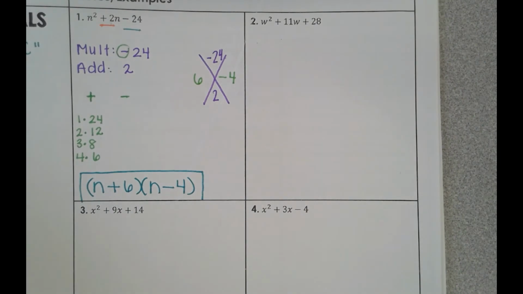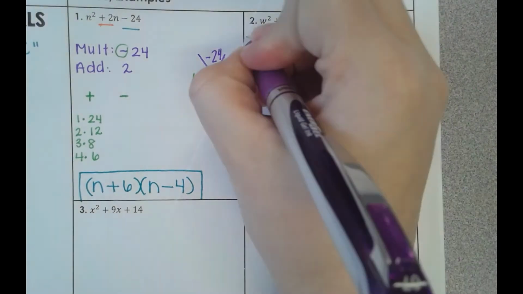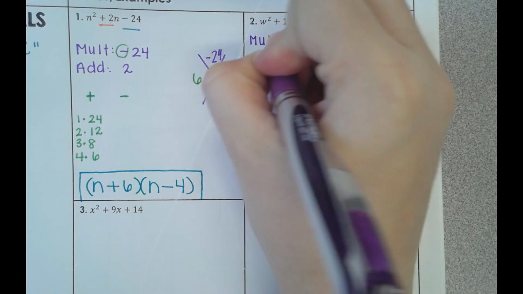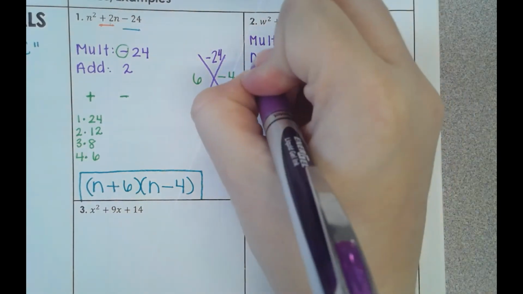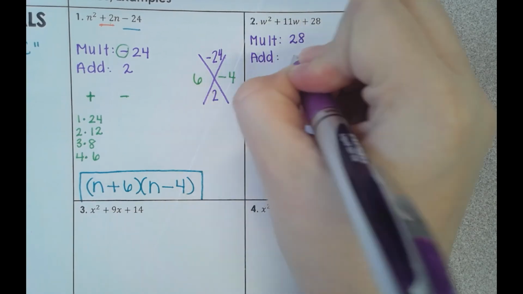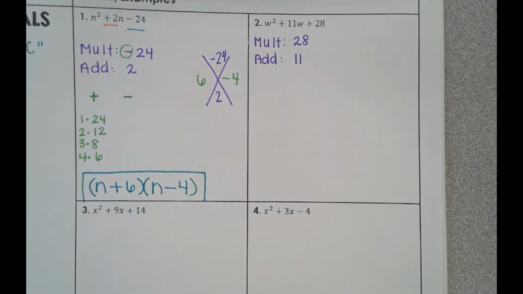So number 2, we're looking for two numbers that multiply to be 28, but add to be 11.